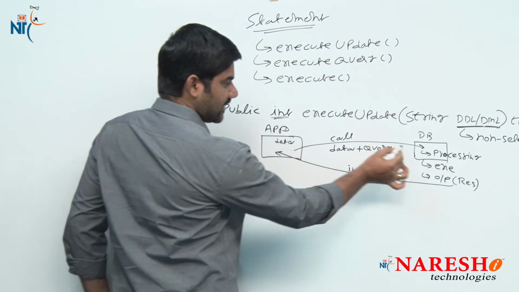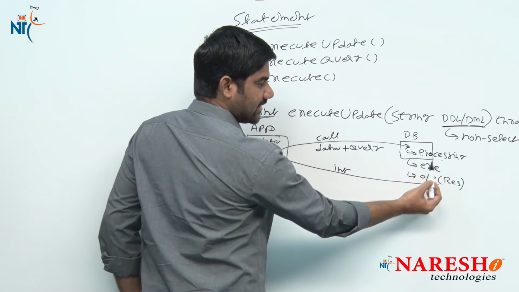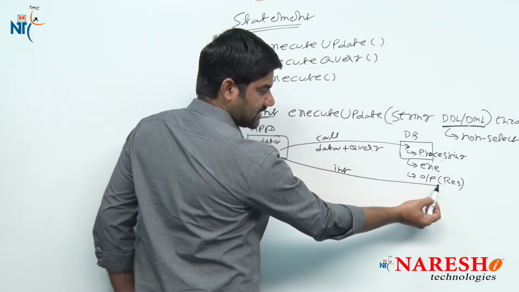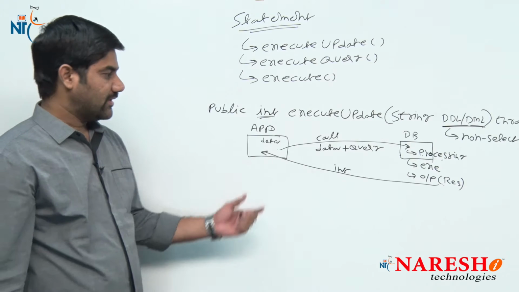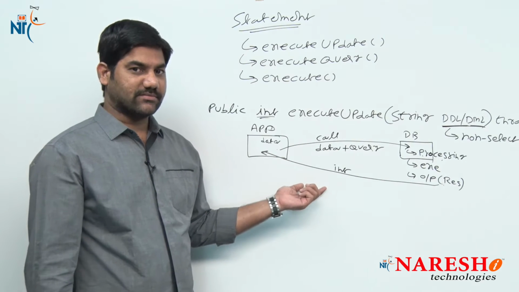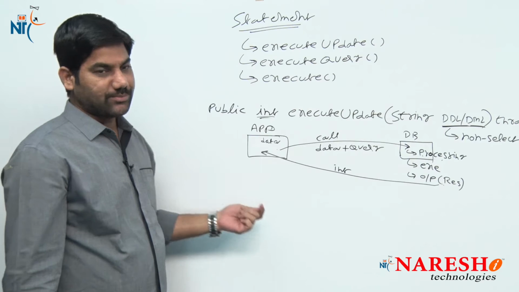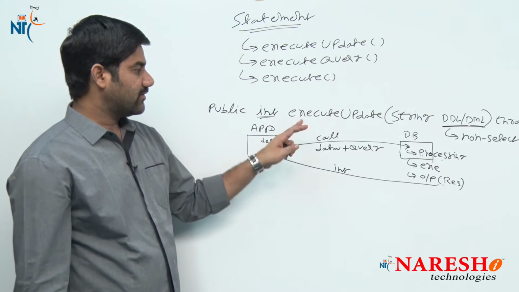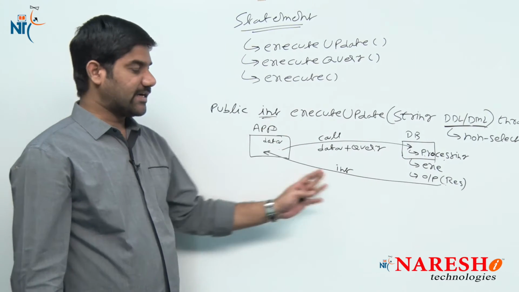So you supply the query to the database, the database receives your query, processes it and produces some result. The resultant value is sent back to your Java application. This is the communication operation. If you want to perform this communication operation, you should implement a proper statement by using executeUpdate. So what is the statement, sir?